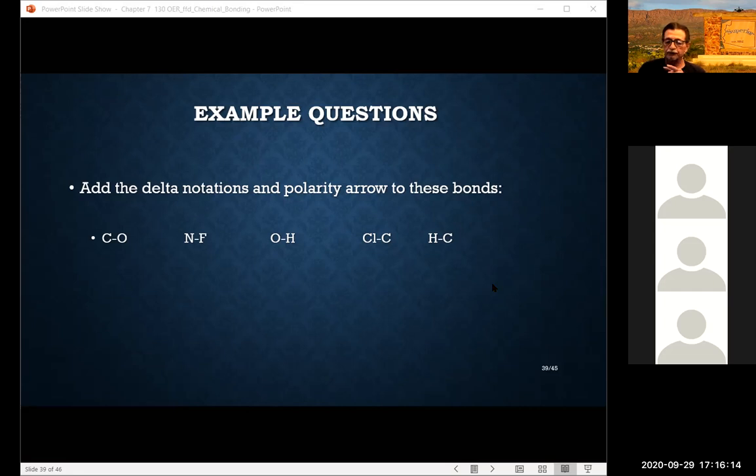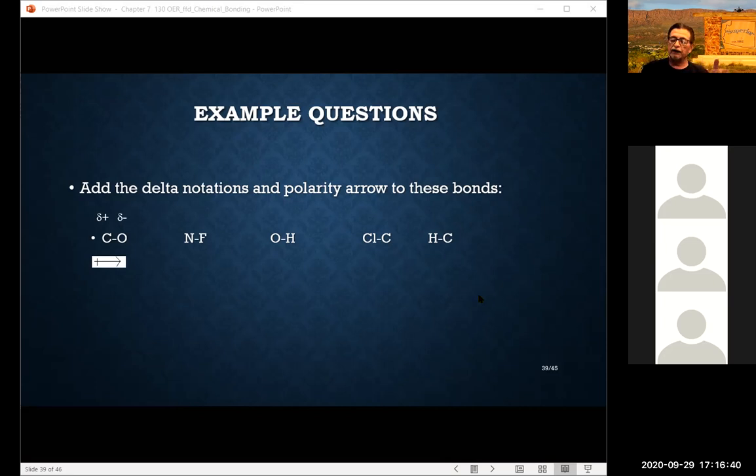And then that tells you which direction you're going to put the polarity arrow and where you're going to put the delta notation. So if we look up carbon and we look up oxygen, we know that oxygen is closer to fluorine. Therefore, it's a lot more electronegative. Therefore, I can draw my arrow from left to right, okay? And I can put the partial positive on the carbon and the partial negative on the oxygen.